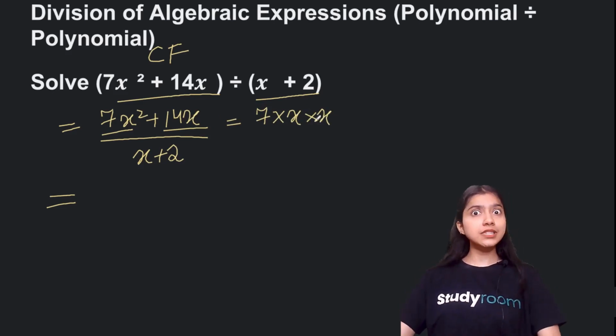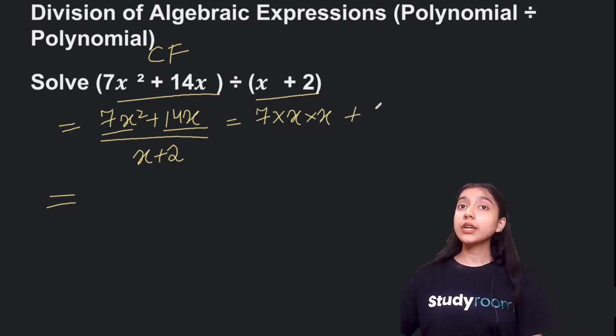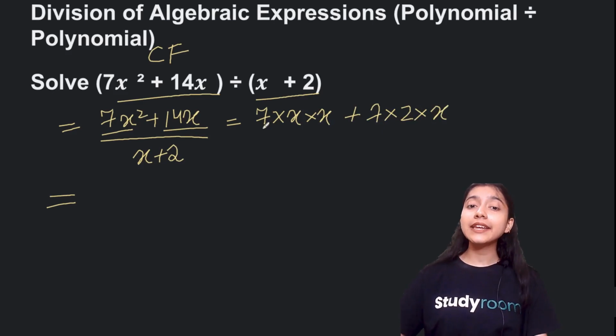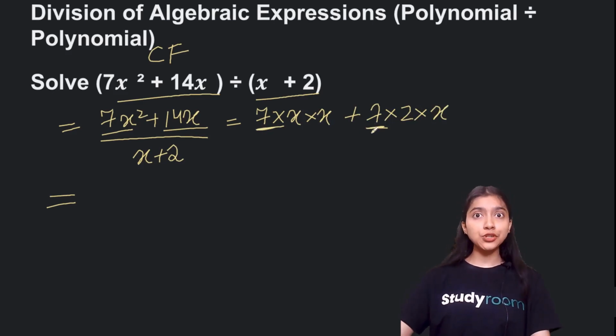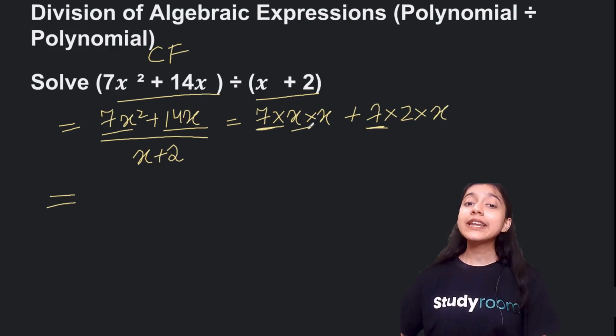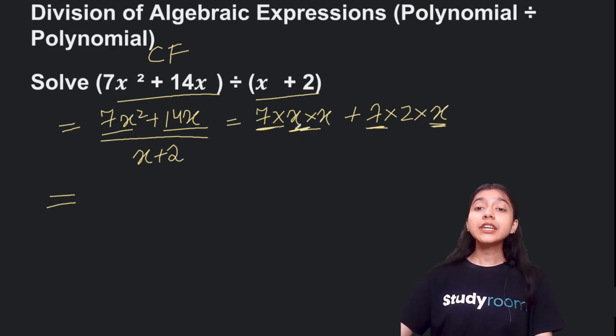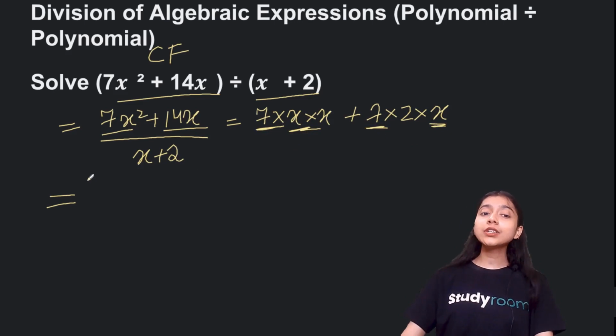This is just for the sake of understanding. And then 14x can be written as 7 multiplied with 2 multiplied with x. So from here I can see that I can take 7 outside because 7 is common to both the terms, then x is also a common factor of both the terms. So 7x is the common factor of both the terms, which can be taken outside the bracket.